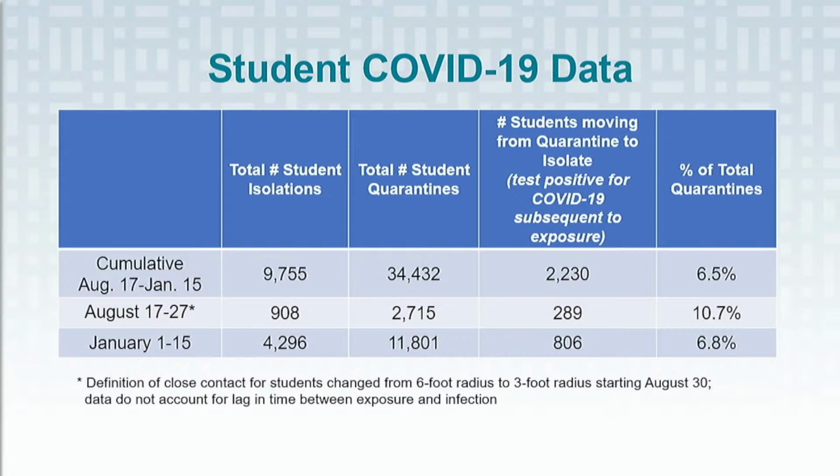That is a student, a quarantine. Now, while this would be a smaller percentage within that, if you were to have quarantined twice, you're 2 of the 34,432. So these are not unique individuals.